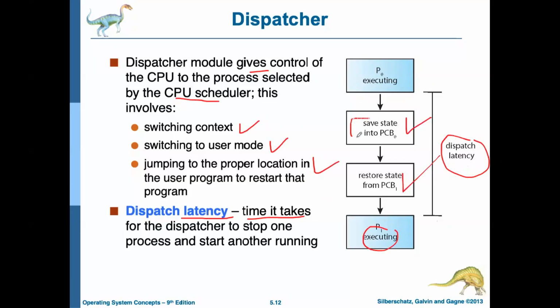They need to save first, then restore, and then start executing. So in between, when P0 is interrupted and they begin P1 again, they call this dispatch latency.